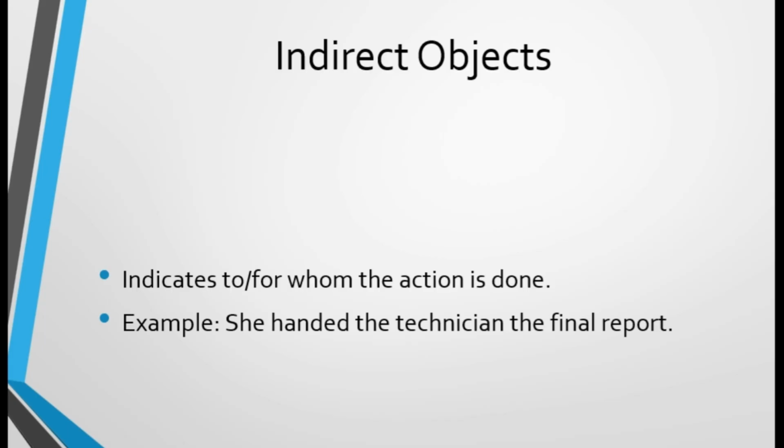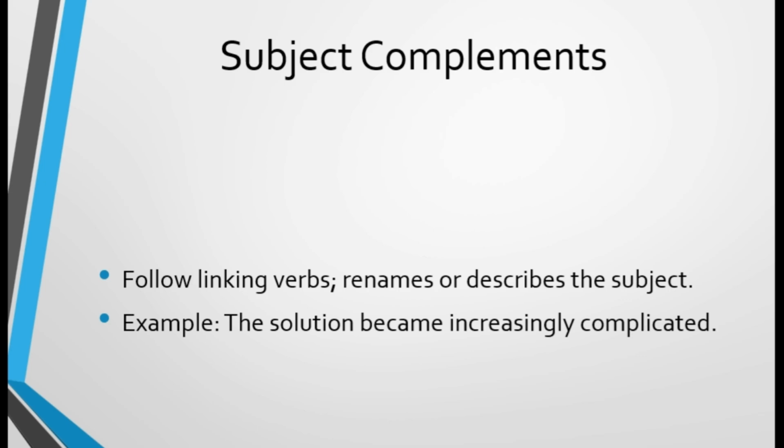Moving to another type of complements, which is the subject complement. The subject complement is mostly related to linking verbs, so it follows a linking verb. In this way, it's either followed by a noun that renames the subject, or by an adjective that describes the subject.